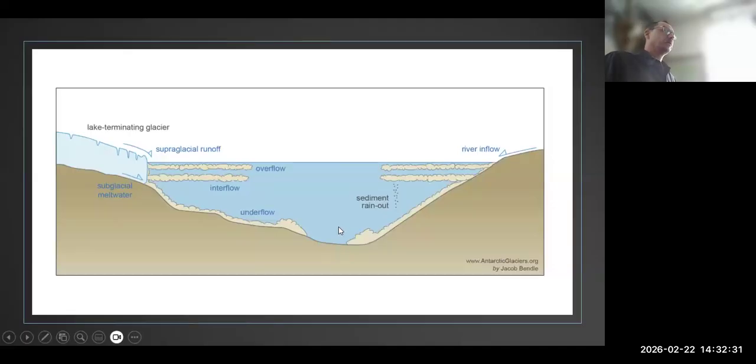Now, think about something called stream competence, right? That's a stream's ability to carry a certain particle size. If it's a very slow stream, it's going to carry really tiny stuff. A raging torrent is going to be able to carry boulders all the way through. So we can say something about the environment that a delta was built into, and the stream flow regime at that time, by looking at the sediments that are left behind.